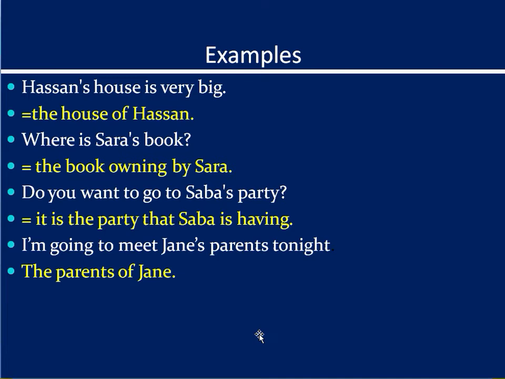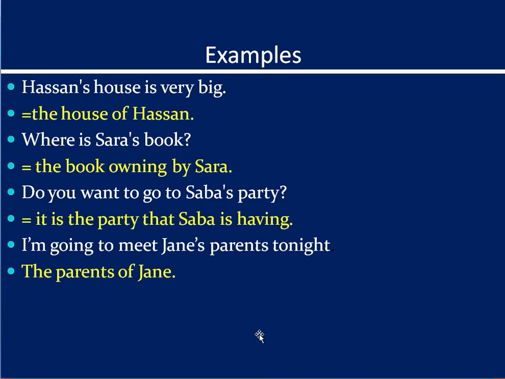Do you want to go to Sabah's party? Over here again the possessive noun is Sabah's, and we are talking about the party which Sabah is having. Instead of saying the party of Sabah, we are saying Sabah's party.